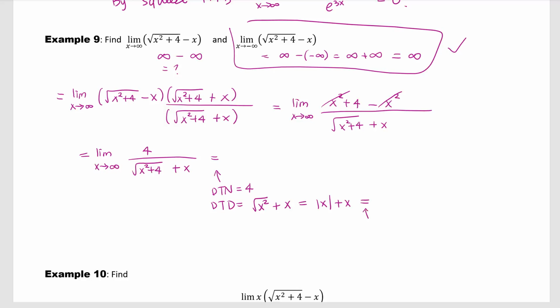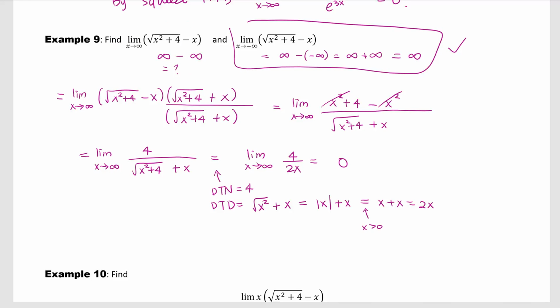But because here we are looking for x goes to infinity, so x is positive, then absolute value of x is just x. Well, so we have 2x. 2x is our dominant term in the denominator. Then this guy equals limits x goes to infinity, 4 over 2x. Well, we have constants over some number goes to infinity. Well, that is 0. So this is the limit of this guy. Okay? So far, so good, everybody?